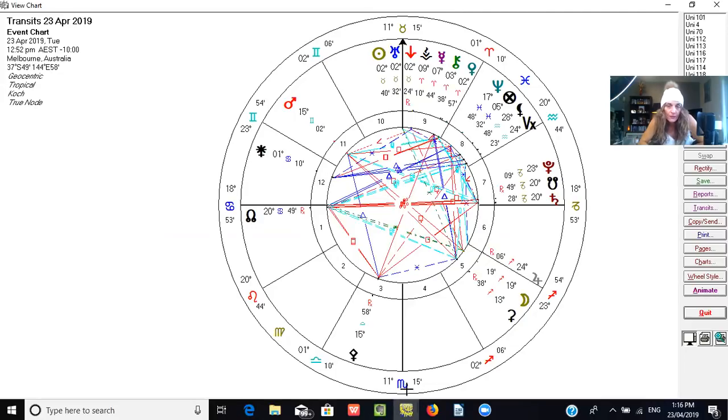Now, this example has a bit of an exception to it, because normally quincunx signs don't really have much in common, which is why they're described by this awkwardness or a necessity to adjust. But the fact is that Mars and Scorpio are both ruled by Aries, so there is some connection there. But let's just use another example.